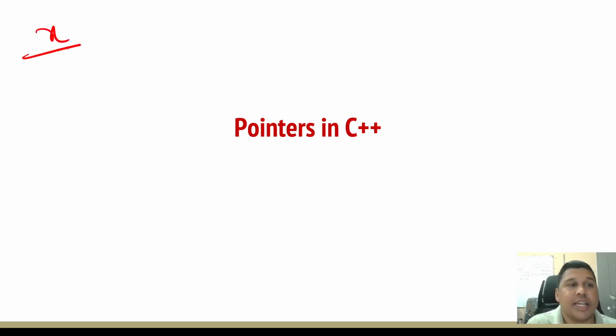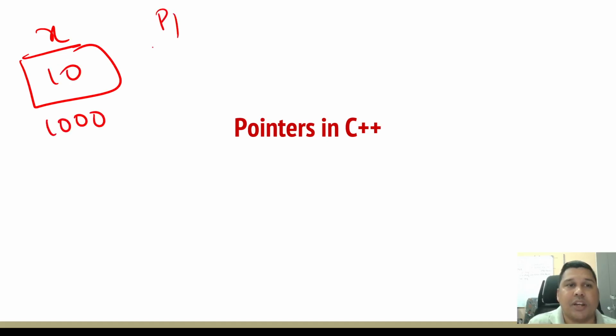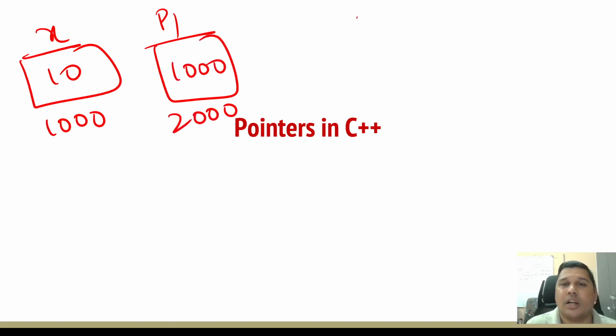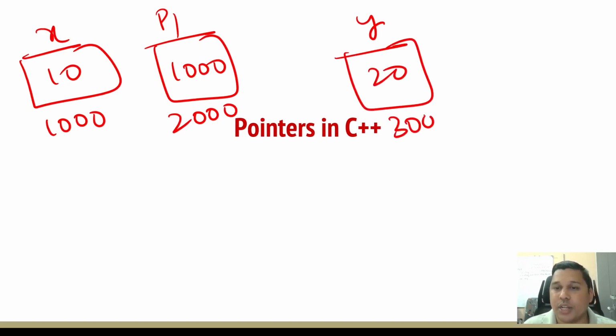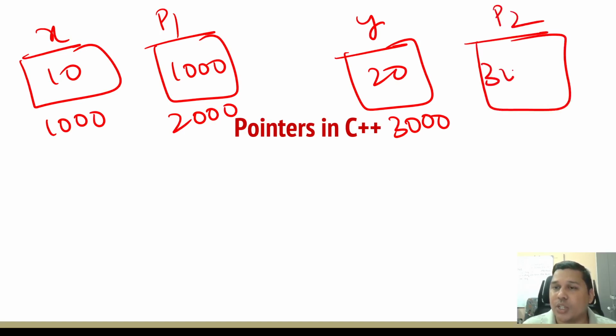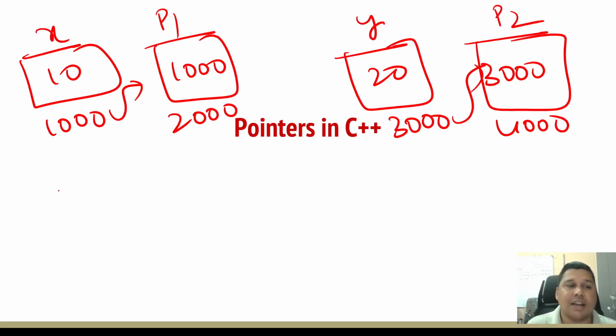X has 10, address is 1000. P1 has again the same example, 1000, its address is 2000. I have y with value 20 and its address is 3000, and p2 is another pointer, it is storing 3000, let this address be 4000. So I have two variables and two pointers.